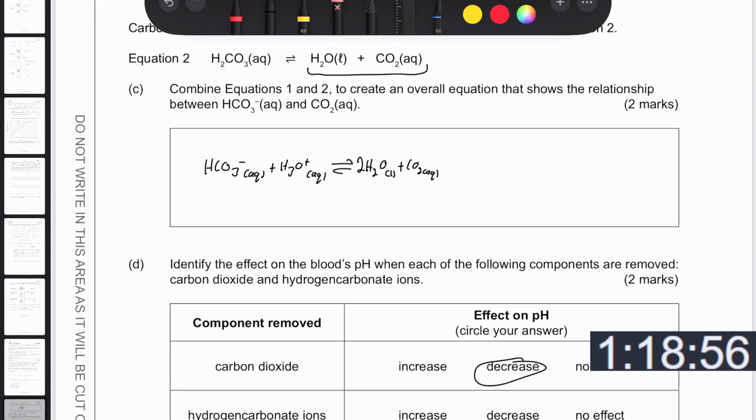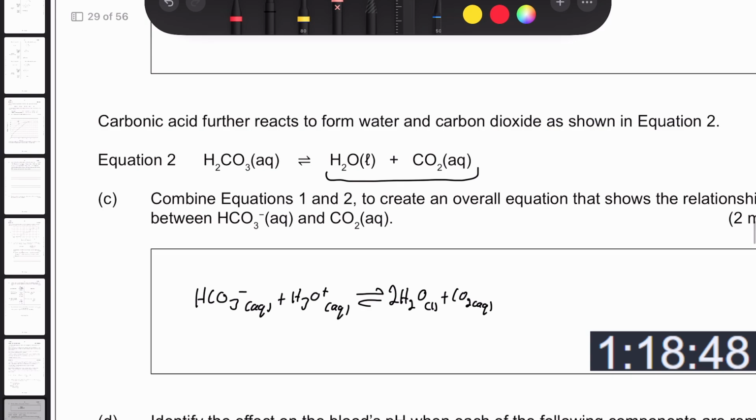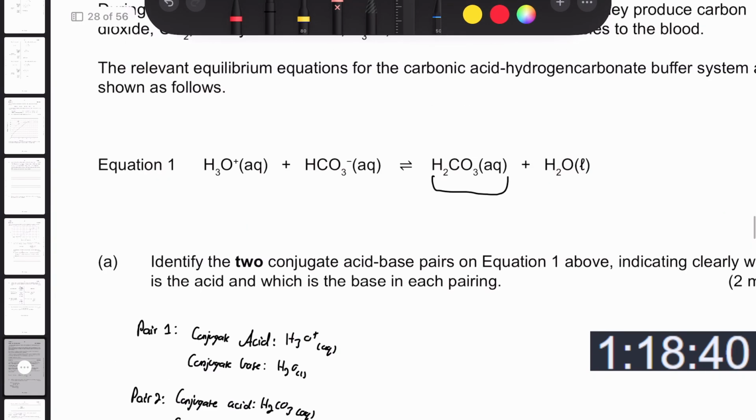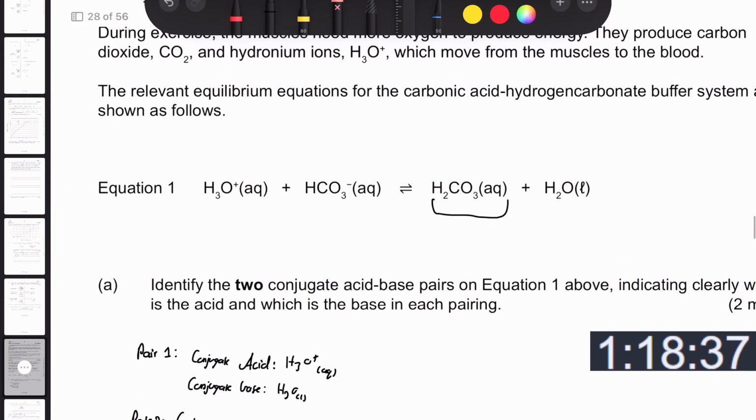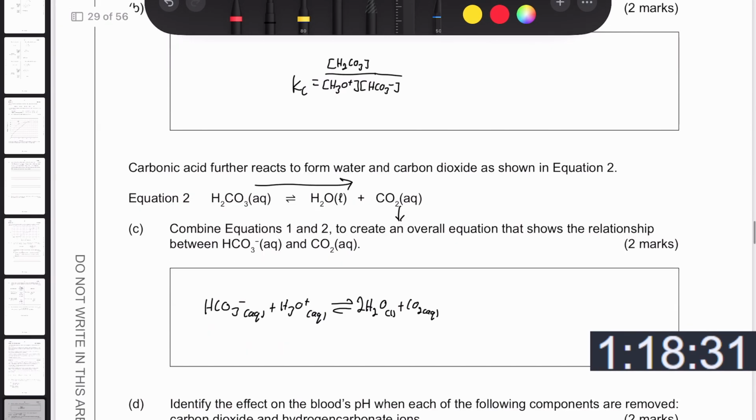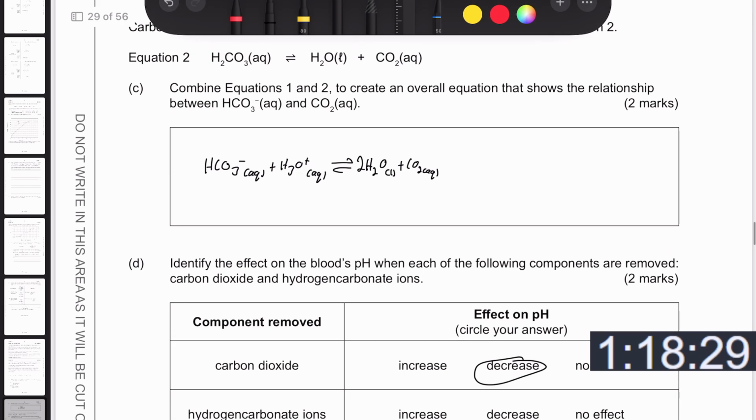So it's going to decrease pH, I think. So carbon dioxide is removed, and this goes down. Then this goes like that. Less H2CO3. So then we're going to go across. So then yeah, H goes down. Okay. The next one, so pH will decrease.